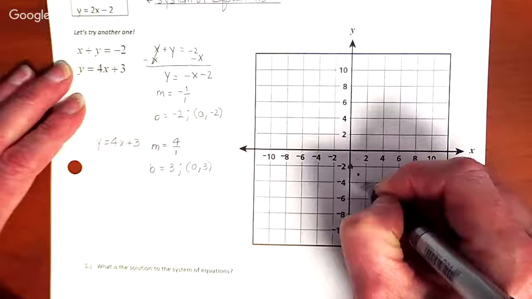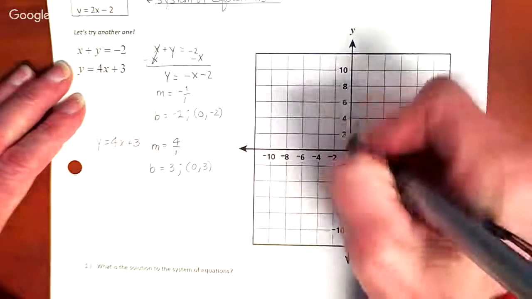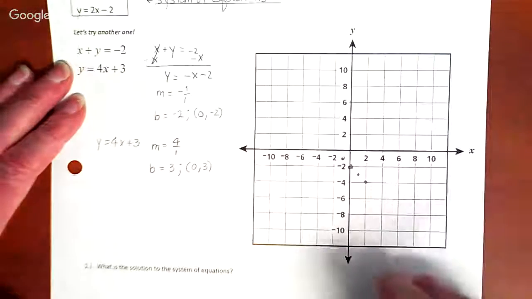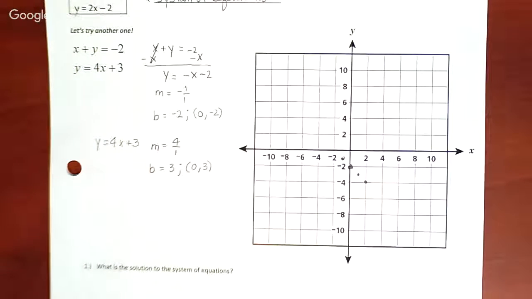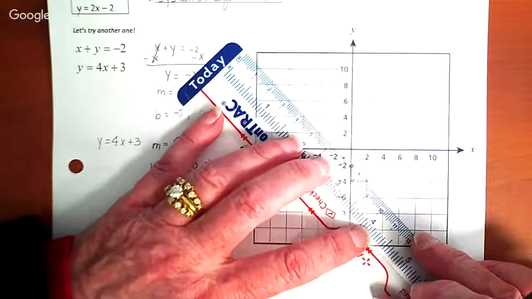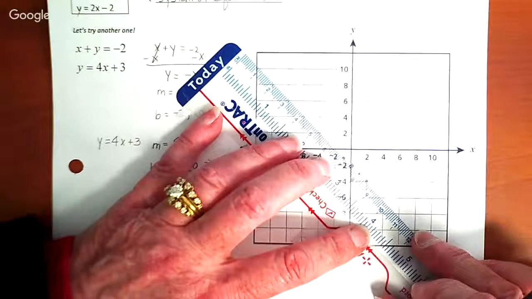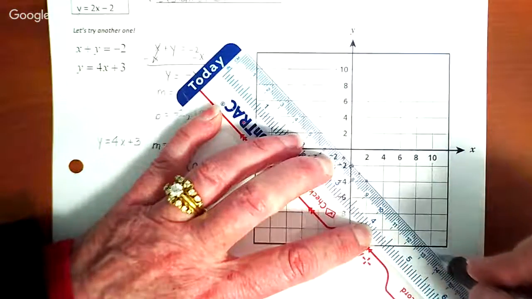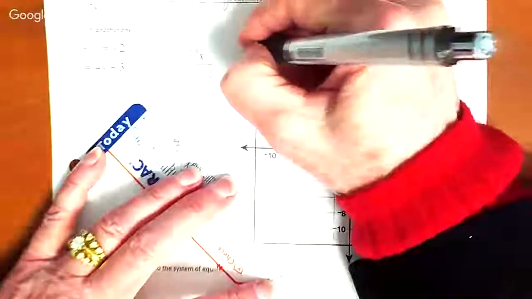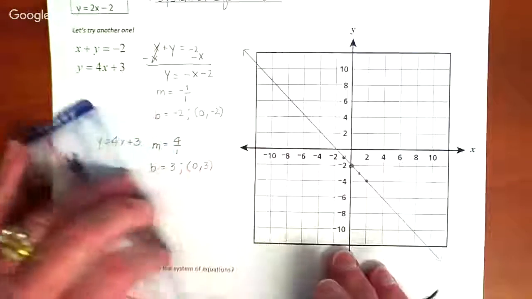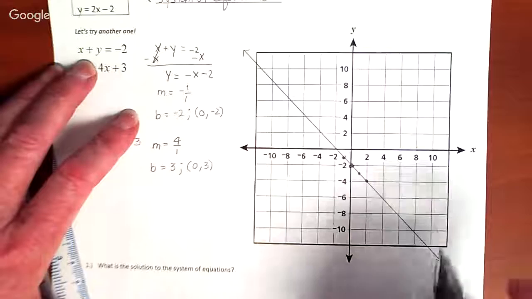I'm going to go up 1 and over 1. So we have our 4 points. I'm going to draw my line, and again, go through the graph. Label your graph with the original equation.